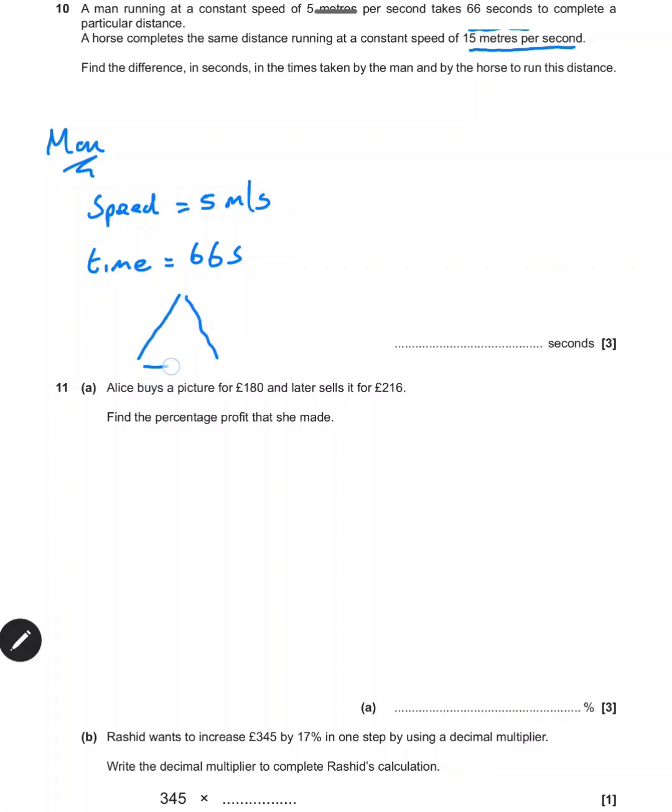So if I know my formula triangle for speed, I've got speed, distance and time. And I want to work out the distance, which is speed times time. So distance equals speed times time. And I'm just going to do 5 times 66. I'm not sure about that, so I'll use a column method.